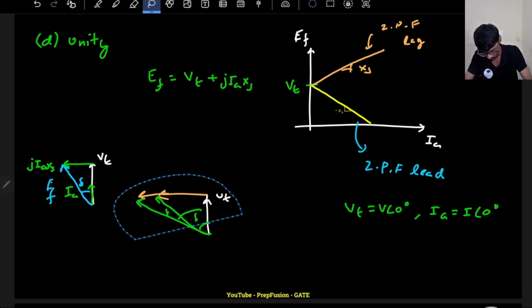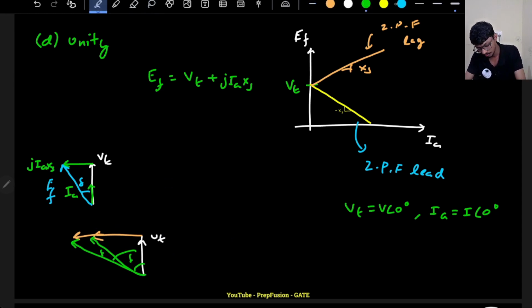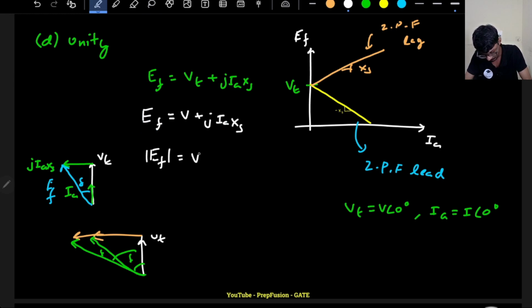So basically I can plot here EF, which is equal to V plus j IA XS, or the magnitude of E is basically the square root of V square plus (IA XS) whole square, right?